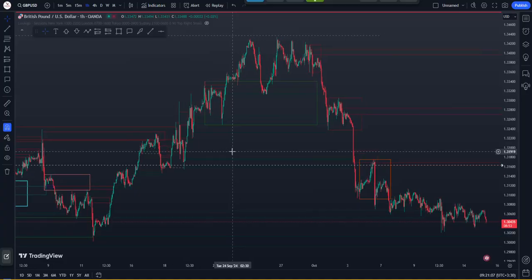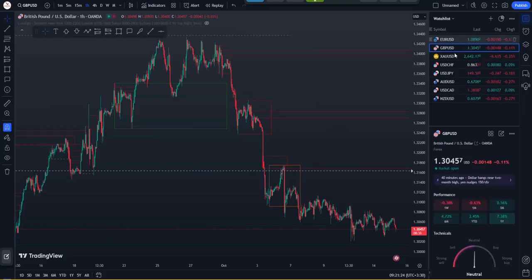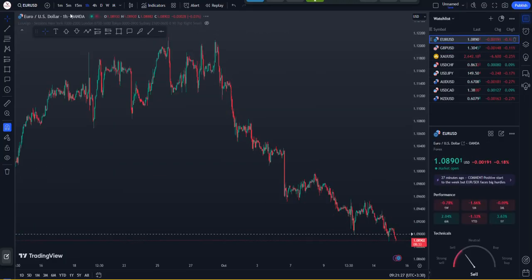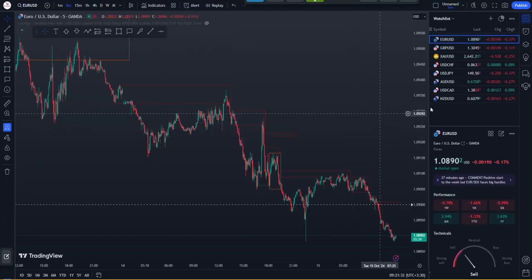I'm not going too long to reach here, because this is so tricky and not a good trade for us. This is Great Britain pound. I'm waiting for price to reach here. Let's look back to euro and see what happened. Euro price is going down and engulfed that low for now.